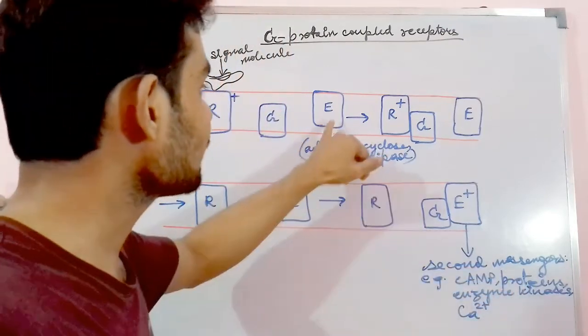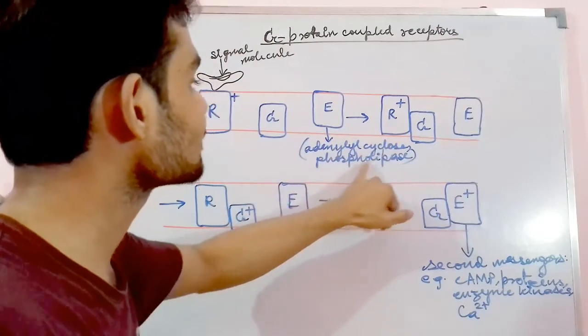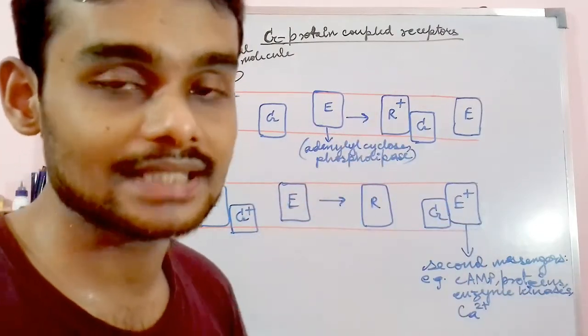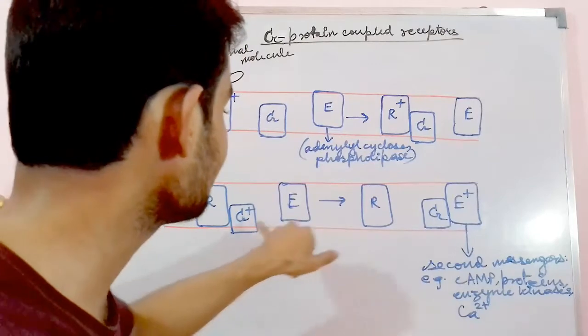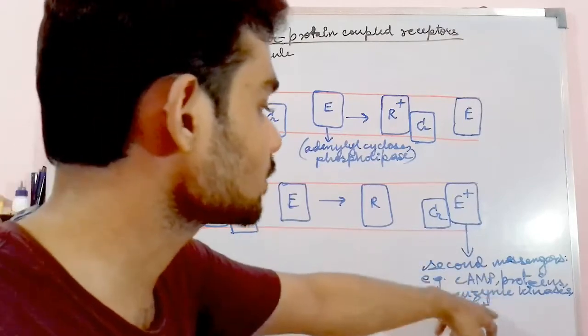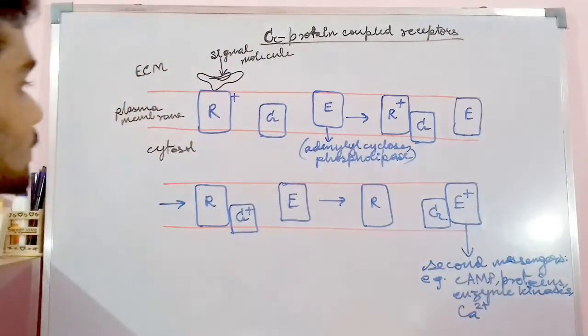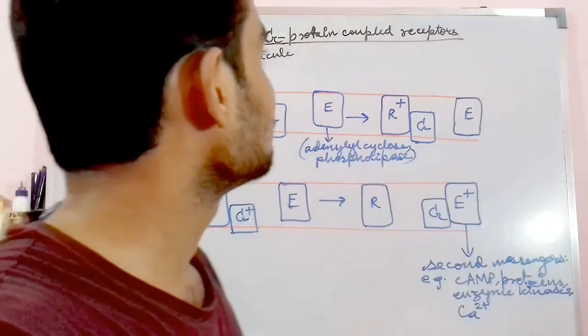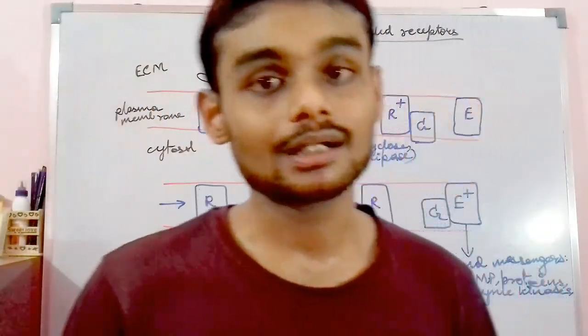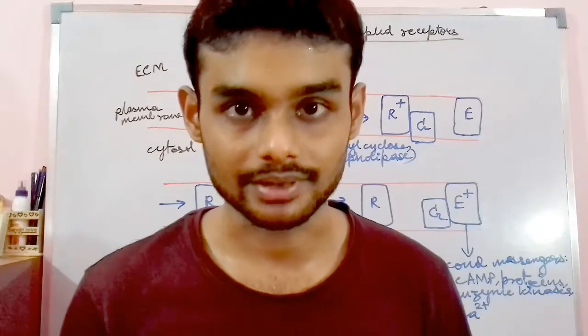The effector molecules are the adenylate cyclase and phospholipase enzymes, which themselves get activated with the help of the activated G protein and help in formation of the secondary messengers. So this is how G protein coupled receptors play their role in the signal transduction pathway.